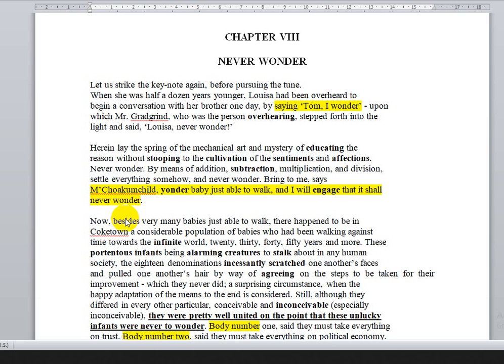We have two schools, a school of facts and a school of fancy. The school of facts focuses on facts only, one and one are two. So we are not supposed to imagine, not supposed to fancy, not supposed to love or feel or wonder.